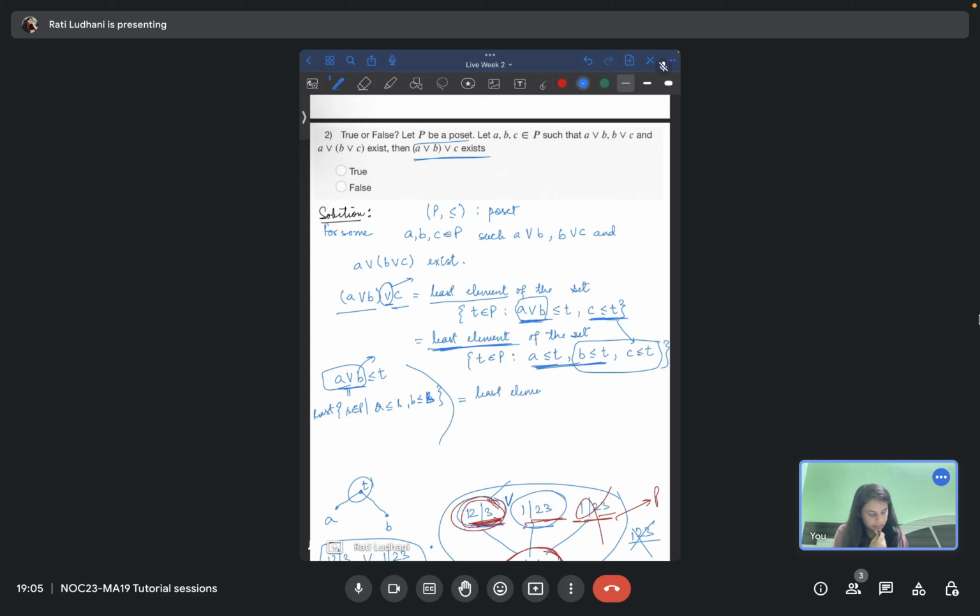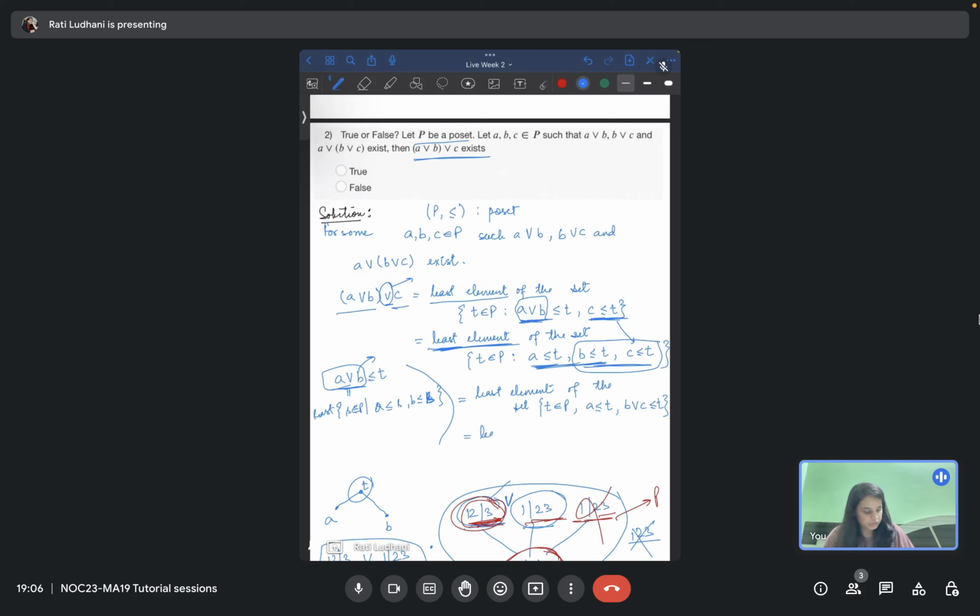Combining means you can write it like a is less than or equal to t and b join c, sorry, it's join not meet, b join c is less than or equal to t. You can combine those, and you are in a good state. You cannot do this for meet, because for meet you need to have the greatest element, so the set will not be okay with that.